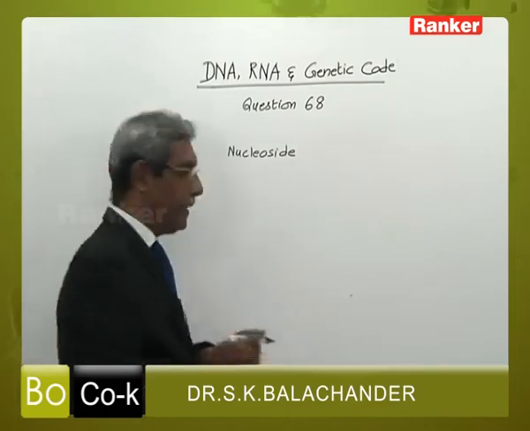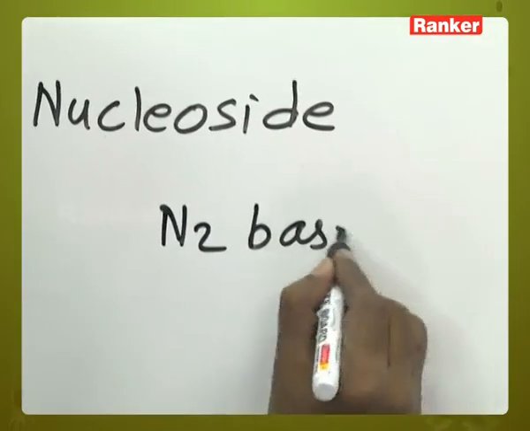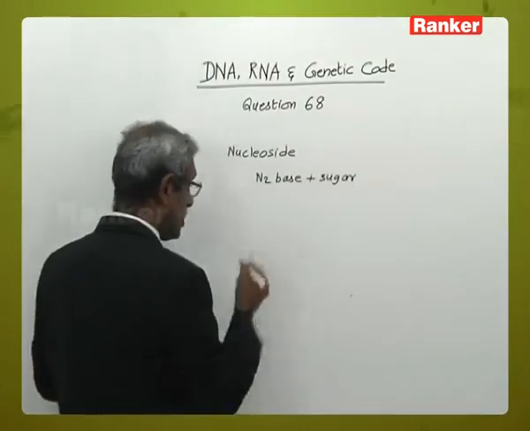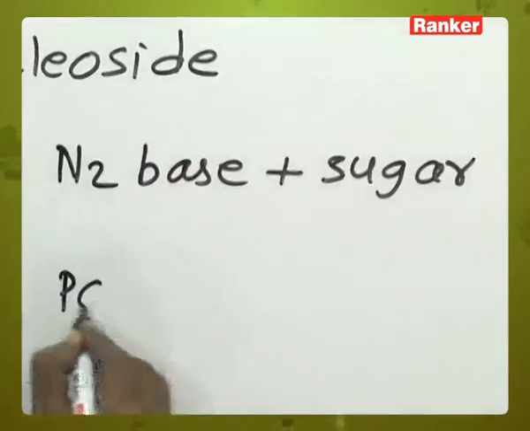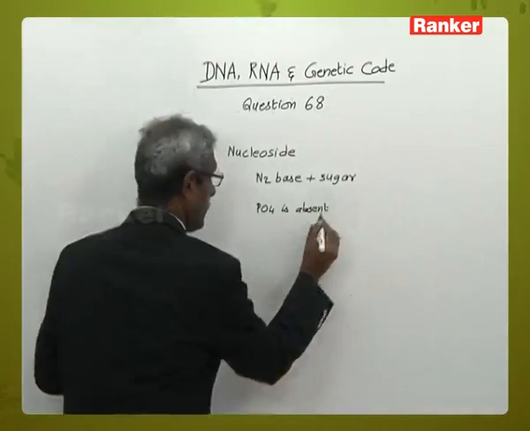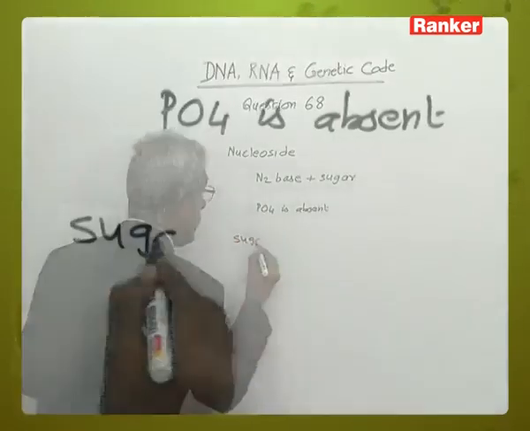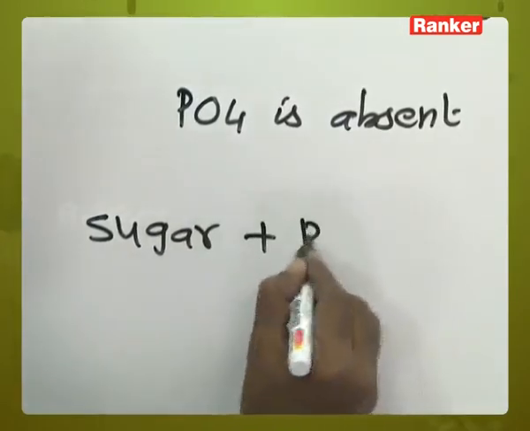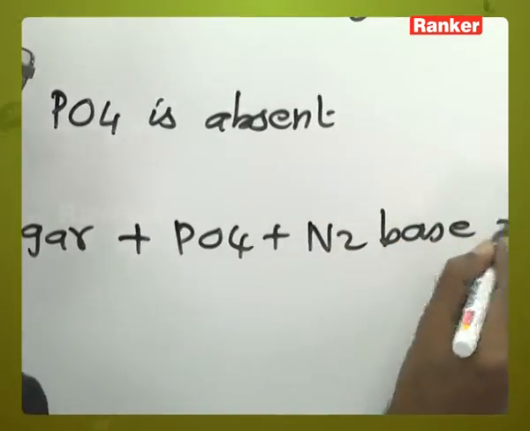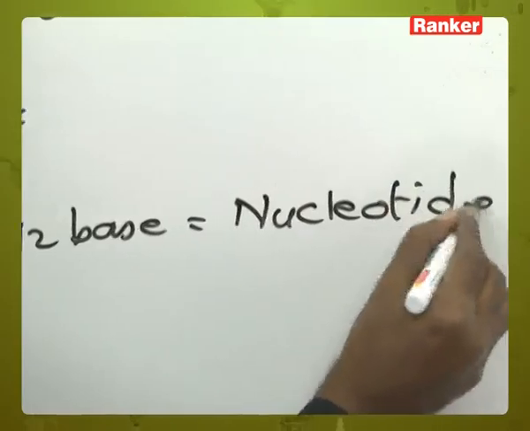A nucleoside is a nitrogen base plus sugar. It does not have a phosphate. Whereas if phosphate is present, the sugar plus phosphate plus nitrogen base forms a nucleotide.